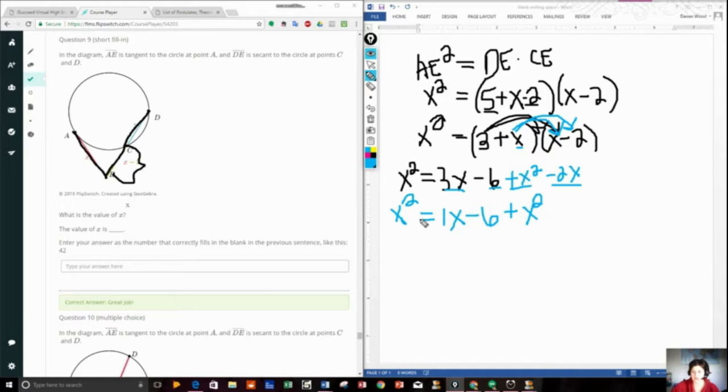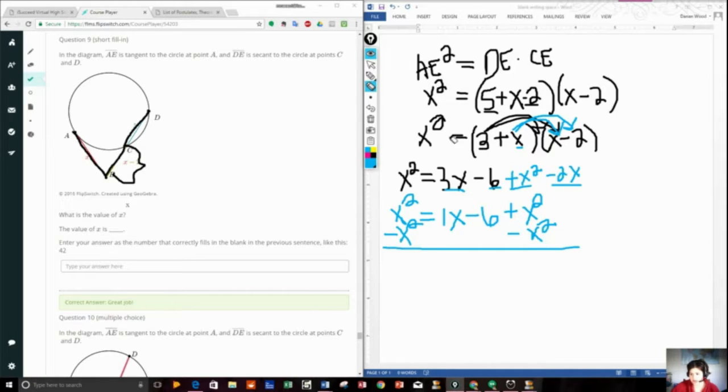Okay, now since we've collected and simplified each side individually, now we're going to start moving across the equal sign. So we have a plus x squared and an x squared. So plus x squared, to move it over, I'm going to subtract x squared from both sides.